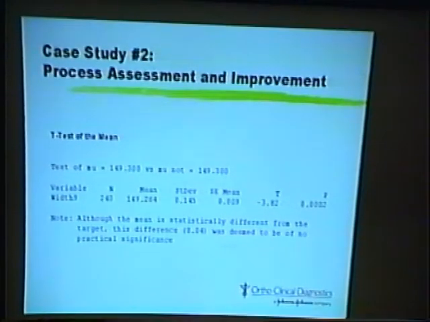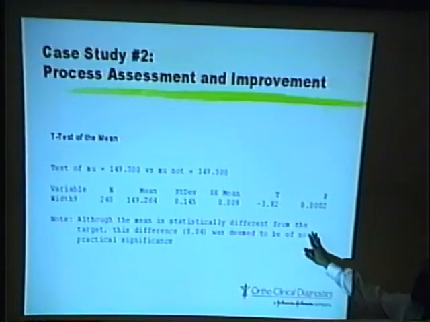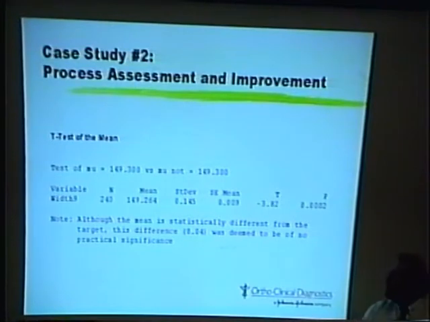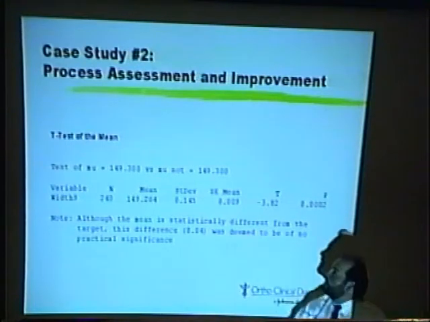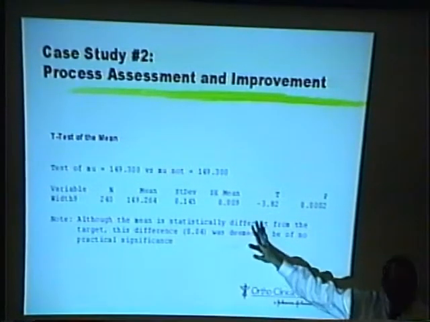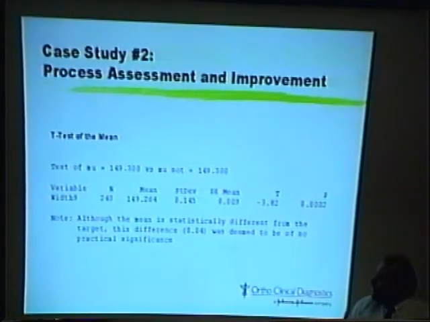One question in this situation is, now that we have a new population, basically a new, changed process, is the average of that process on target? So we can look at the target with the transformed data, which is 149.3. Do a simple t-test here.